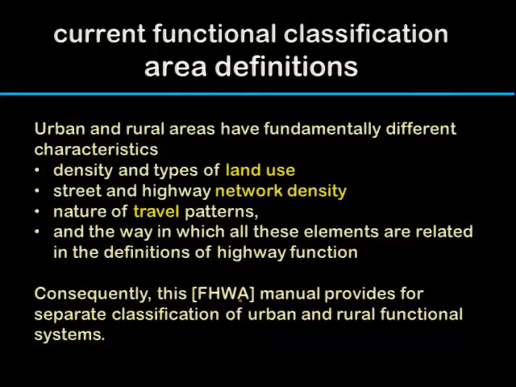Yes, we agree. And they're different by the types of land use. And they're different in their network density and their travel patterns. So they understand the ball game with respect to those 3 parameters, which are also very important to livability and urbanism. And then, of course, the way in which all 3 of those elements interrelate and defines the highway function. So they've gotten all this right.